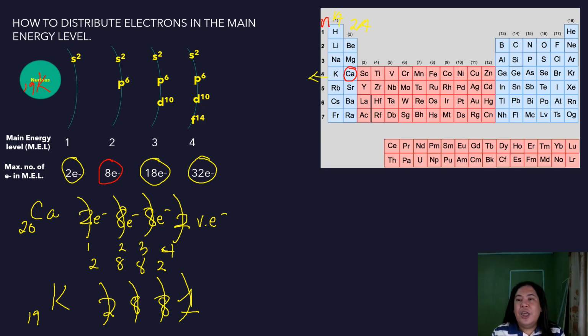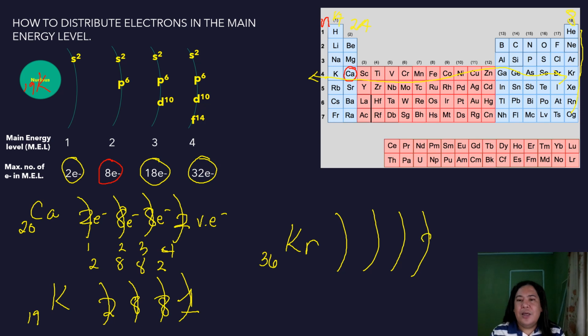A total of 19. So, let us have krypton. Krypton is 36, belongs to period 4 also. Ayan yung krypton. Period 4, so 4. 1, 2, 3, 4. So, ang krypton belongs to group 8.